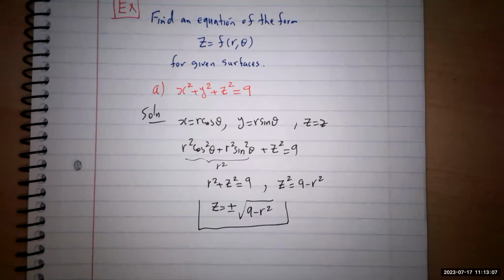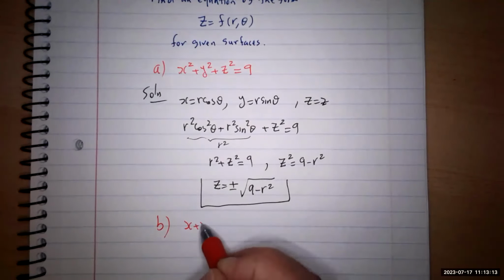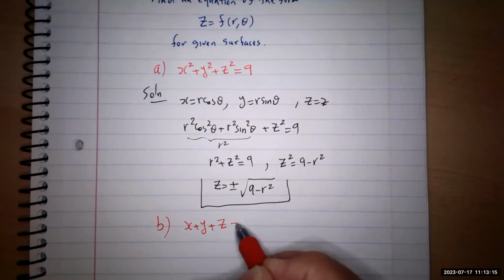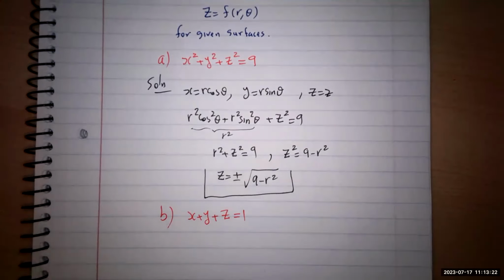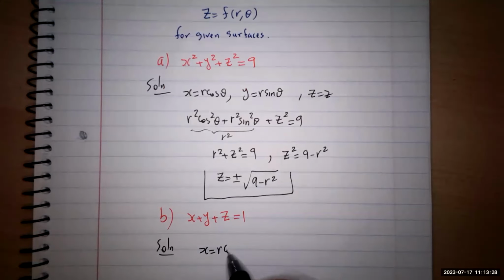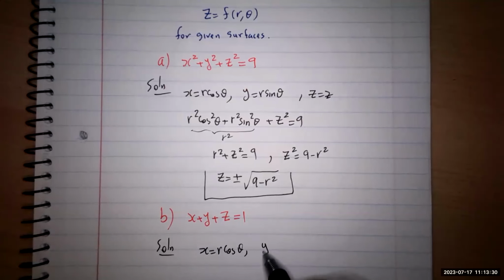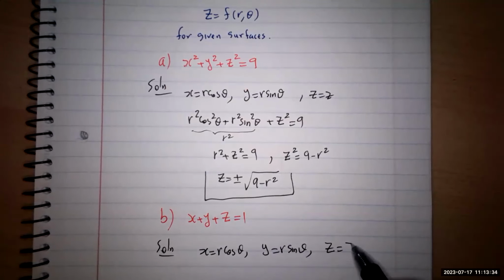That's one. The other famous one that we do is a plane. If you have a plane x plus y plus z equal to 1, and you want to do cylindrical, again, you keep the z and you substitute. For the solution, x would be r cosine theta, y would be r sine theta, and you keep the z.